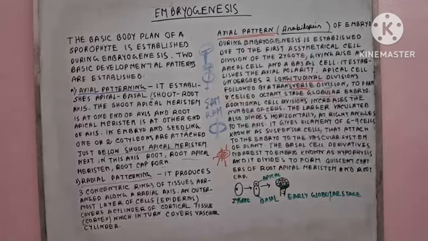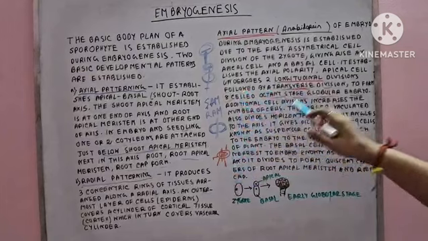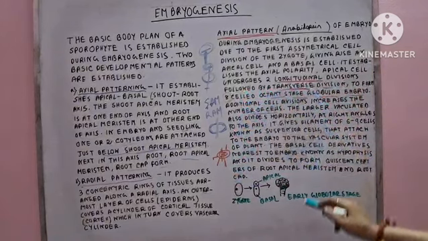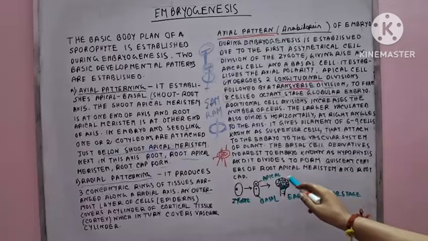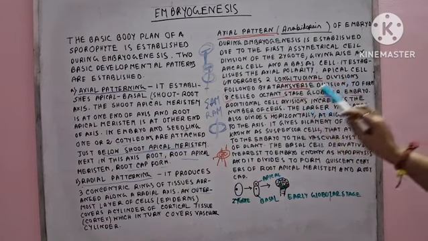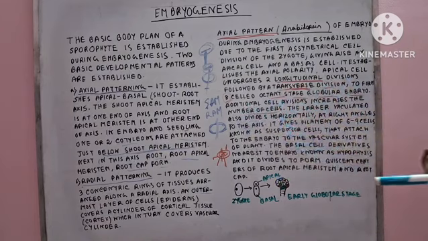So what is happening here? The additional cells divide to increase the number of cells of the globular stage. And now, generally the larger vacuolated cell also divides.